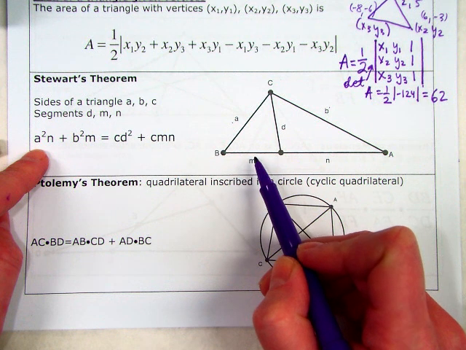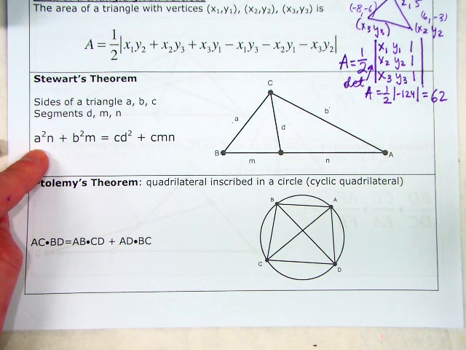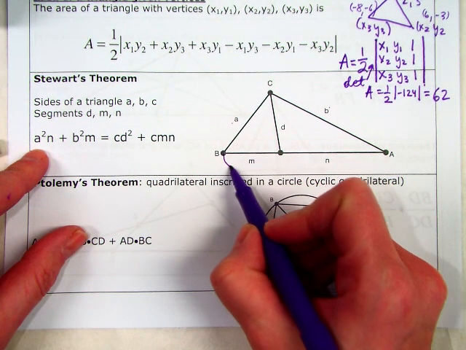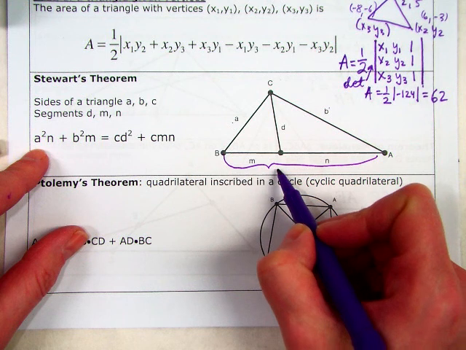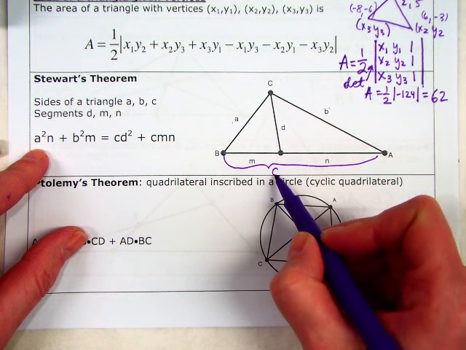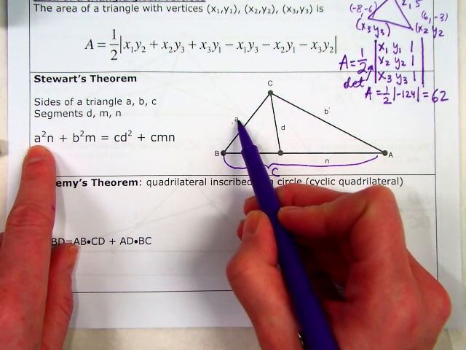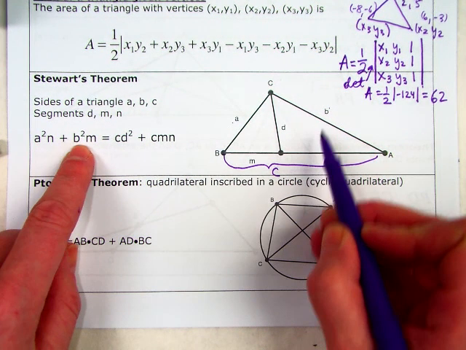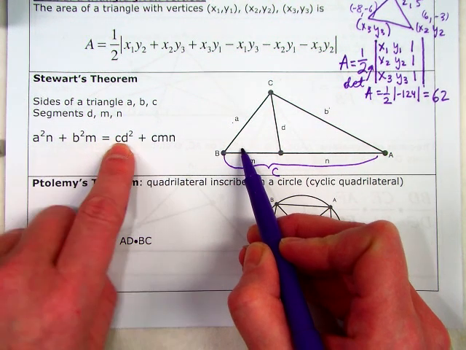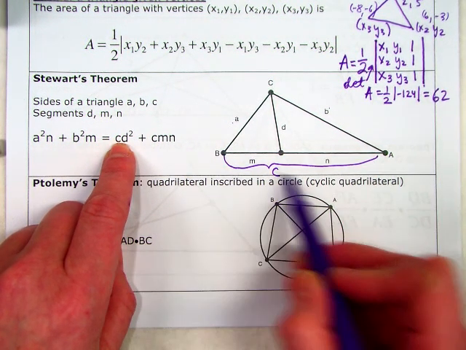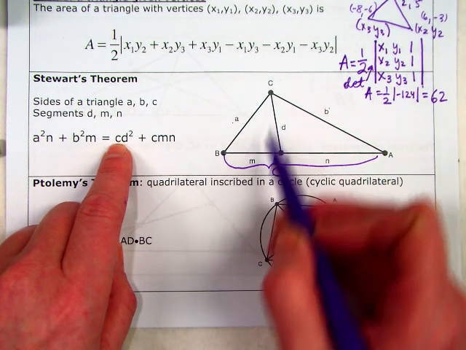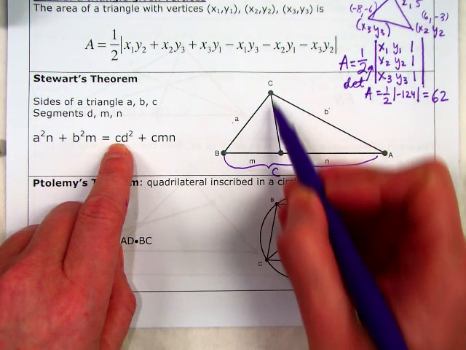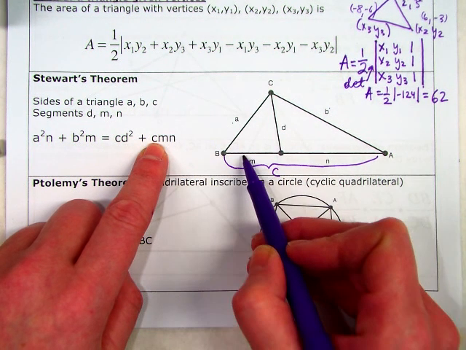And I'm going to find this missing side. So this whole thing is C, because it's across from capital C. So you just do A squared times N plus B squared times N equals C squared, the whole thing, or never mind, I'm sorry, C times D squared plus C times N times N.